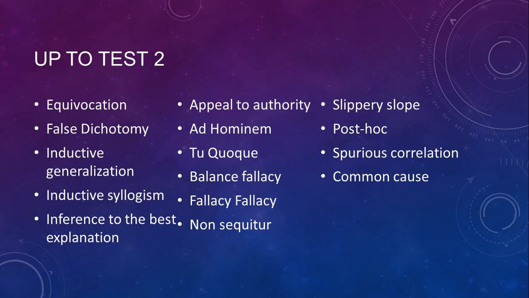Yeah, okay. We already talked about inductive generalization, right? We just talked about that. Inductive syllogism. Okay, so if you're talking about inductive generalization and inductive syllogism, remember this stuff about going from, so you got a sample, and then you have some population of which the sample is a member. Inductive generalization goes out.